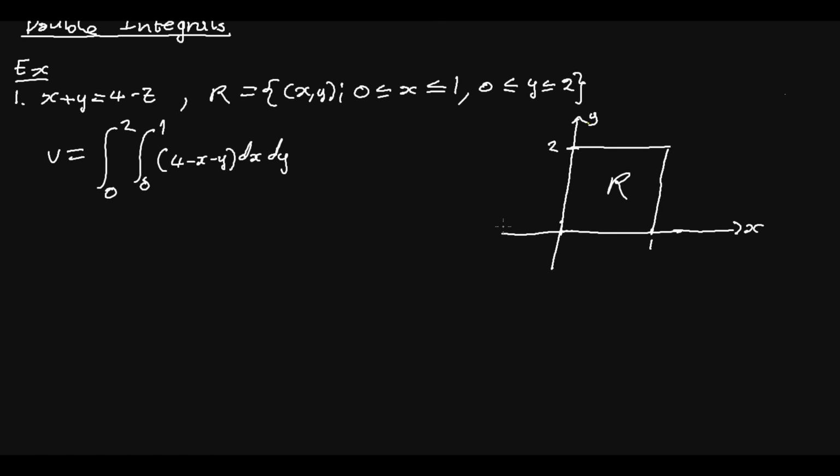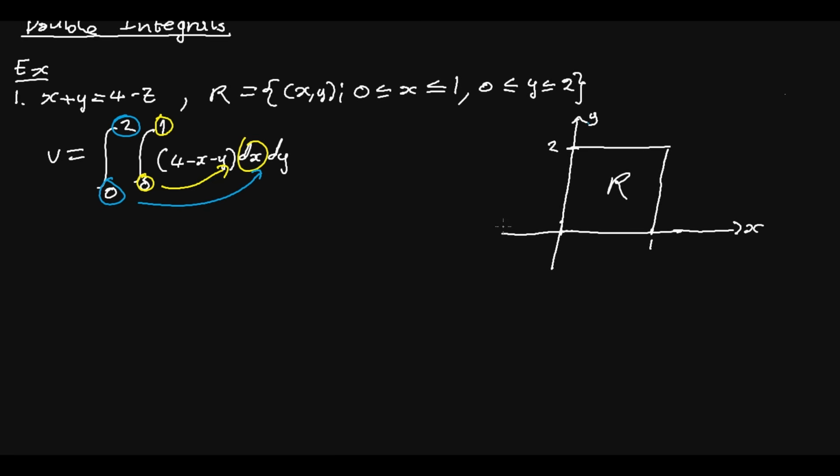Oh, this is very important that the limits that you have here, they always match the variable that you have inside. So do also the limits that you have outside here, they also match the variable that we have outside.